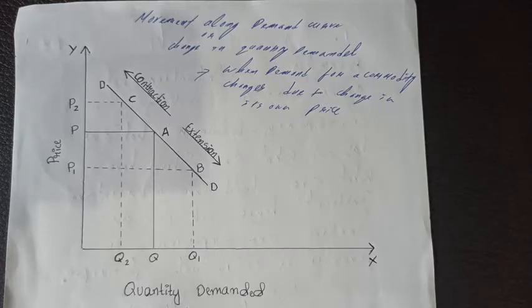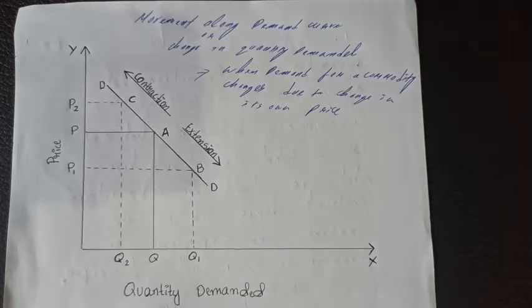When there is change in demand due to change in its own price of the commodity, it is called expansion and contraction of demand. I repeat again: when there is change in demand due to change in its own price of the commodity, then we call it expansion or extension and contraction of demand.